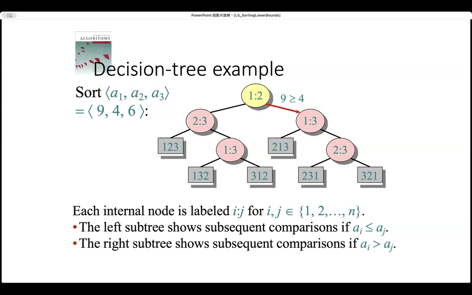Let's forget about those additional actions and just consider the comparisons. Obviously the number of comparisons will be bounded by the number of internal nodes from the leaf node to the root.